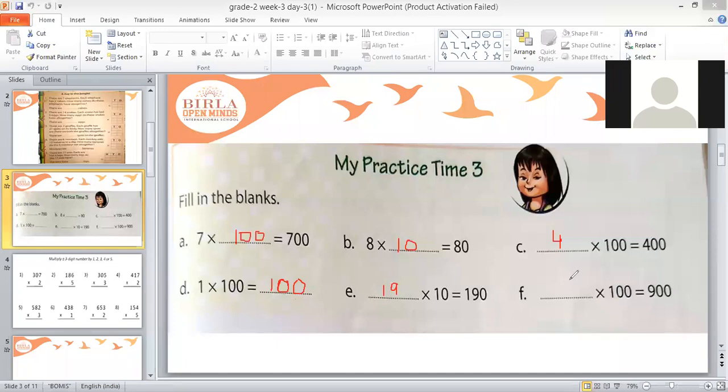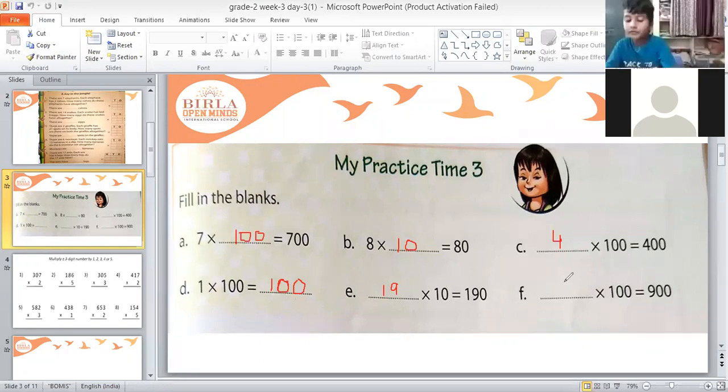Dhriti, look at the question carefully. 100 is already there. Which number is missing? Look at the question carefully and then tell. Yes, Dhriti, I'm waiting.